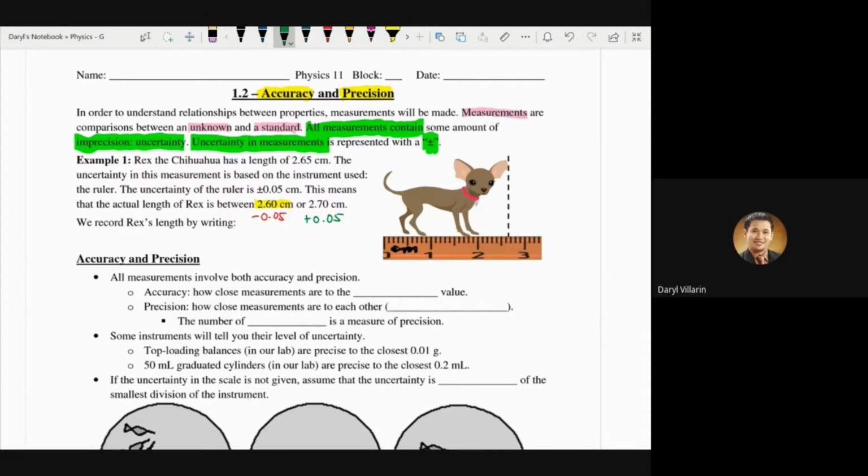So more likely the actual length of the Chihuahua is between 2.60 and 2.70 centimeters.